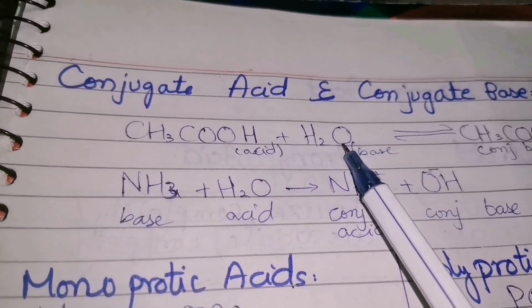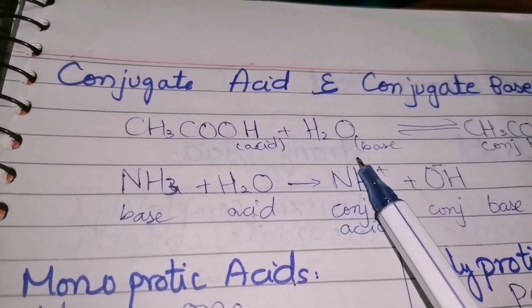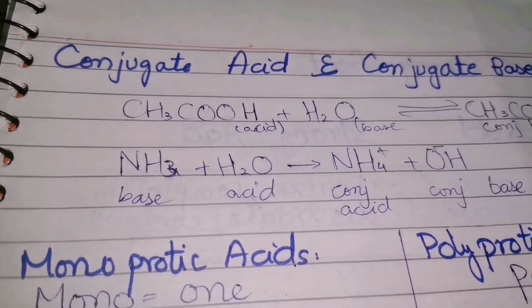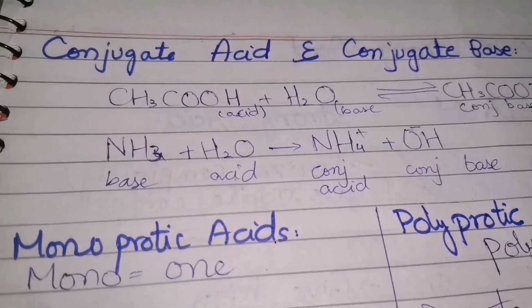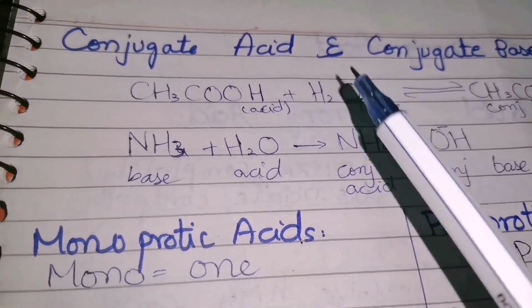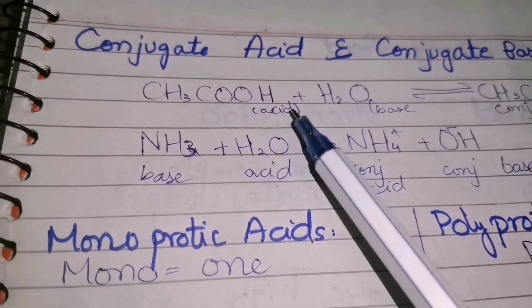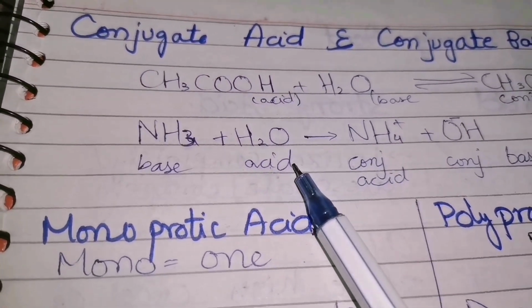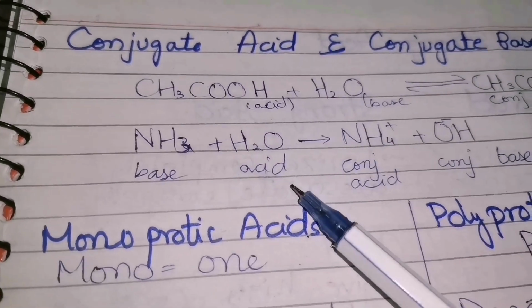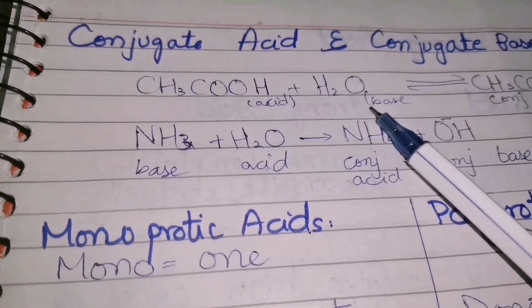Here water is acting as a base and in this case water is acting as an acid. So amphoteric substances are those substances which can act as a base in the presence of acid, and can act as an acid in the presence of base. In short, they can act both as an acid and a base.